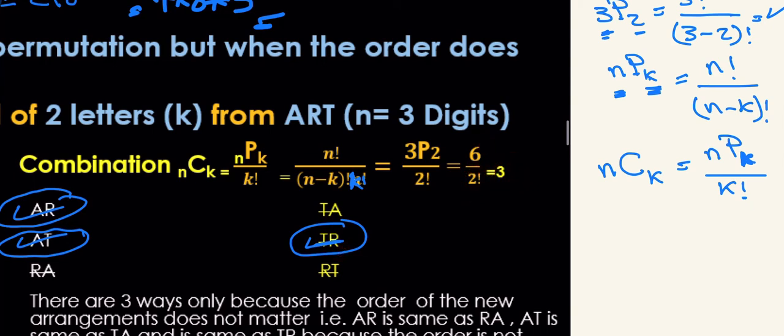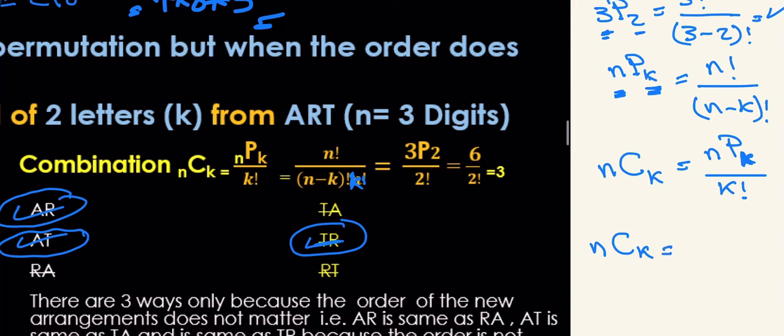It is very easy. But I don't need to rewrite nPk and k factorial every time. So I want to write it in terms of n and k only, without going back to the permutation. It is also easy. nCk equals, what was the permutation formula?